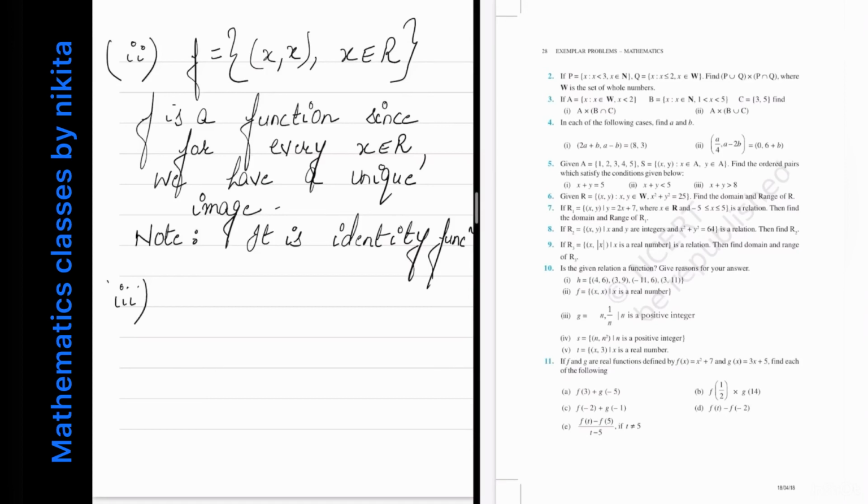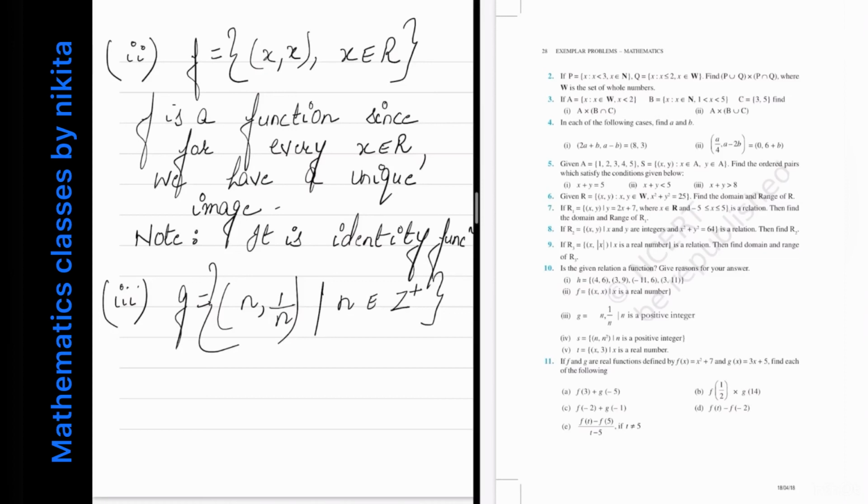In the third part it is given that g is equal to (n, 1/n) such that n is a positive integer. So n belongs to Z plus. N is a positive integer. Now again I can see that for each positive integer n, I have a unique number 1/n. Now this 1/n need not be an integer, but 1/n is always unique.